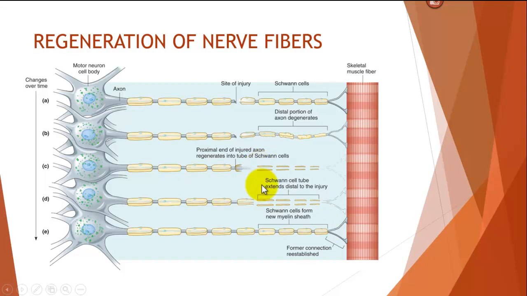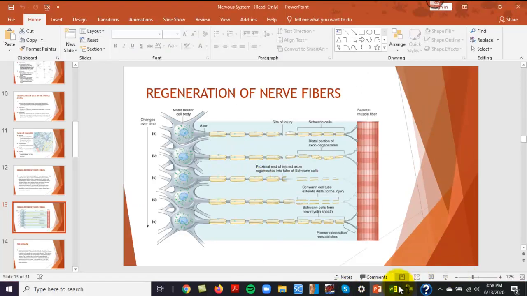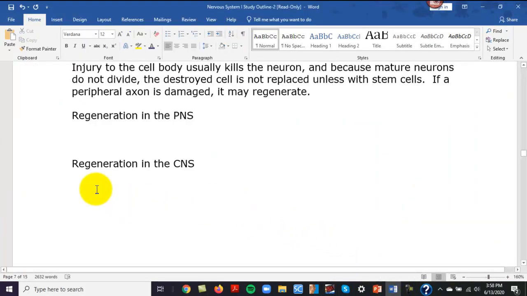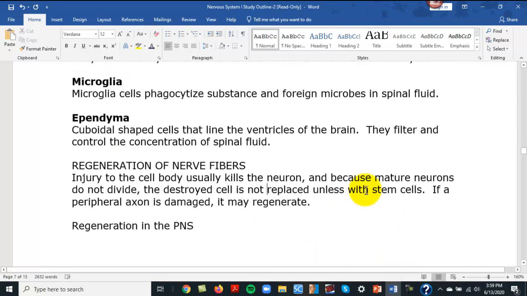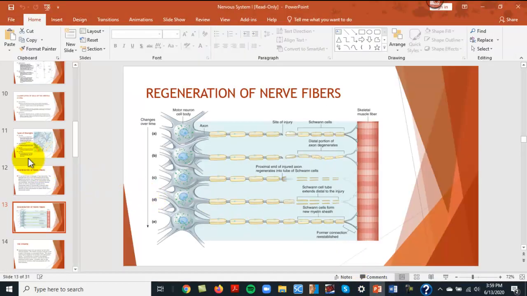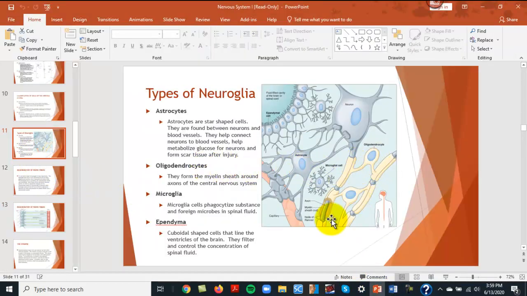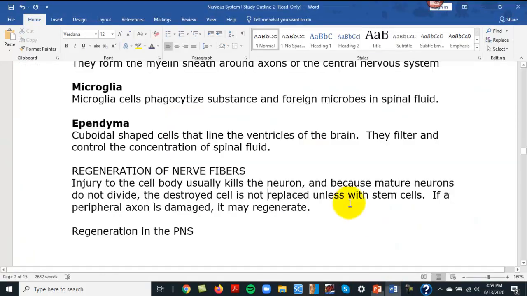They will regenerate because they have Schwann cells, and Schwann cells have the neurilemma sheath. So regeneration in the peripheral nervous system, yes. It occurs about 1 or 2 millimeters a day. Yes, they will regenerate. Regeneration in the central nervous system, no. Nerves in the central nervous system will not regenerate. Those are oligodendrocytes that I had shown you earlier, and they will not regenerate if they are damaged.